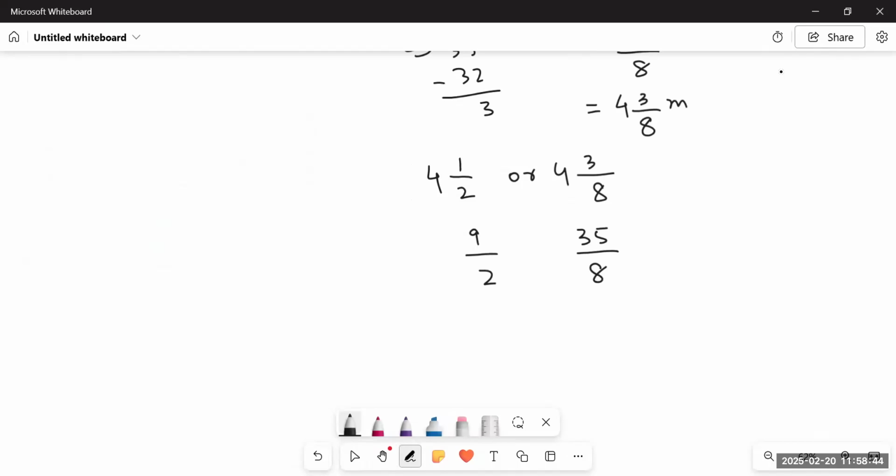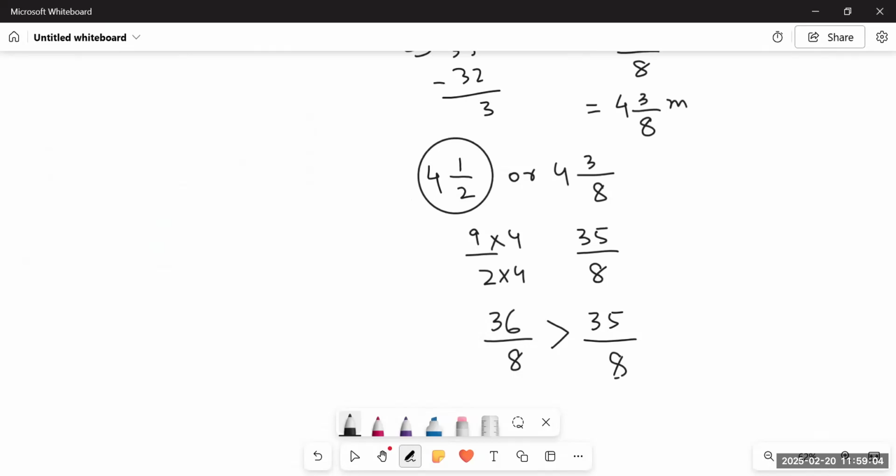So for that, we just have to multiply 2 by 4, since 4 is a factor of 8, and then it will become 9 4s are 36 upon 8 and 35 upon 8. Now, which one is greater? 36 upon 8 is greater, and 36 upon 8 was the fraction of 4 whole 1 upon 2.